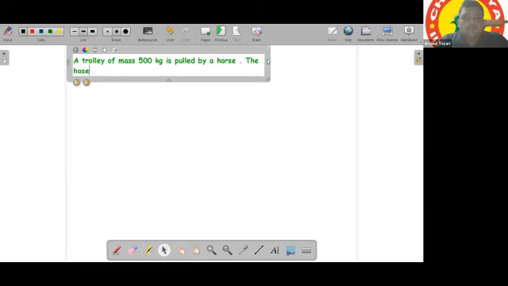So the horse can apply a maximum force of 1000 Newton.